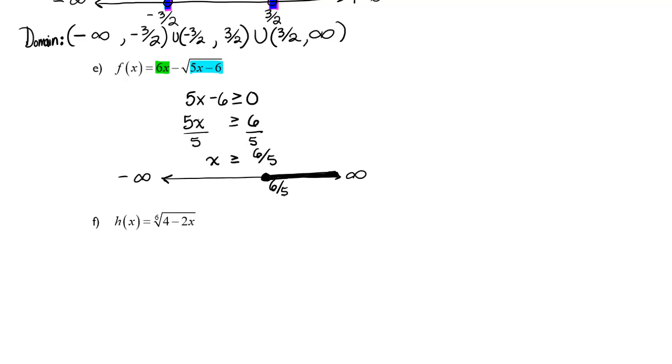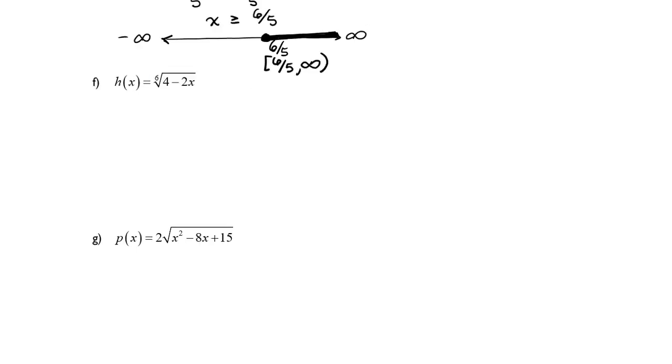Okay, so my interval is from open bracket 6/5 to positive infinity, close parenthesis. Remember, for infinity, it's always paired with a parenthesis. You will never reach infinity, so you put a parenthesis there. So my domain is anything from 6/5 to positive infinity.